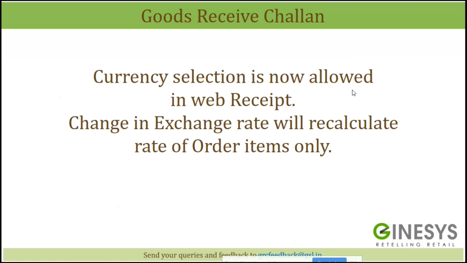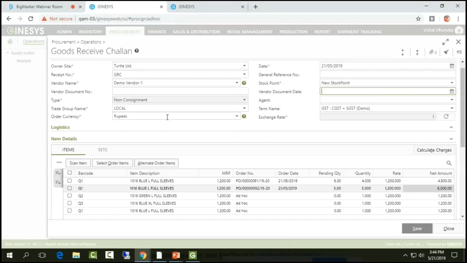Why I am repeating this over here is that now we are having a single form. Once again, I am saying that we are having a single form for both ad hoc item and against order item. So the field for currency is now being renamed as order currency over here.